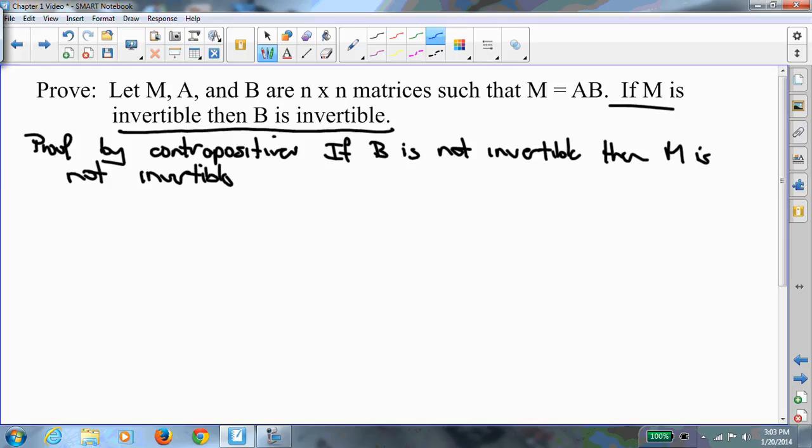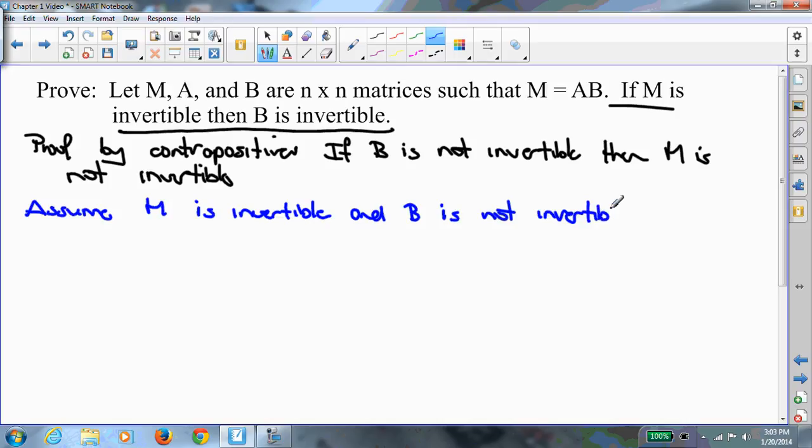Okay, so that's basically what we have to do. So let's start this proof. We're going to assume M is invertible and B is not invertible. And what I will show is that this is a contradiction, which means M has to be not invertible as well. So we'll start from the beginning.